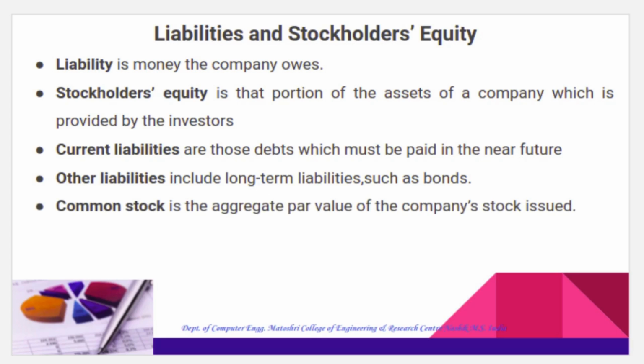Common stock is the aggregate par value of the company's stock issued. Companies rarely issue stock at a discount, that is, at an amount below the stated par.